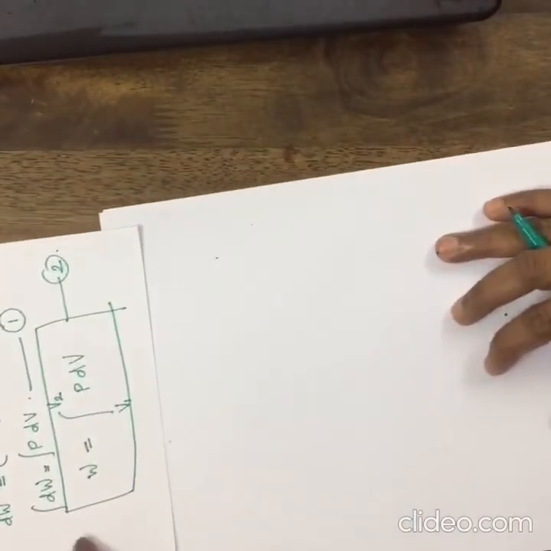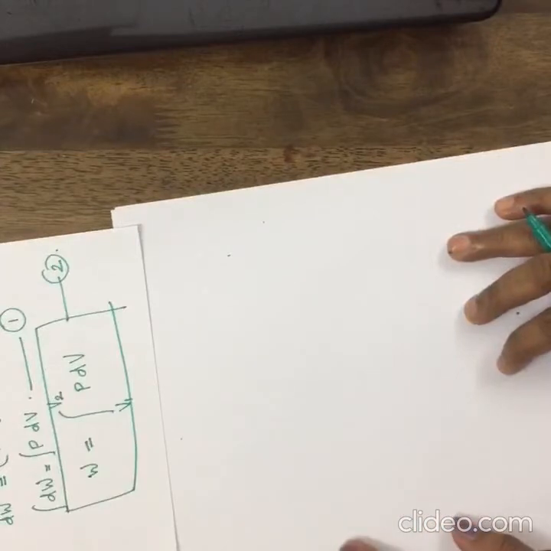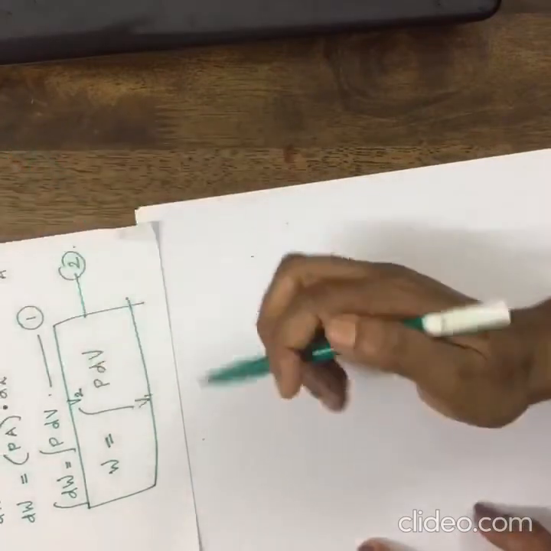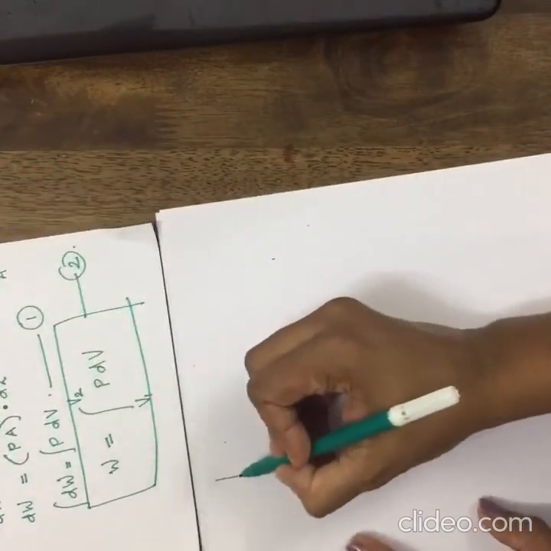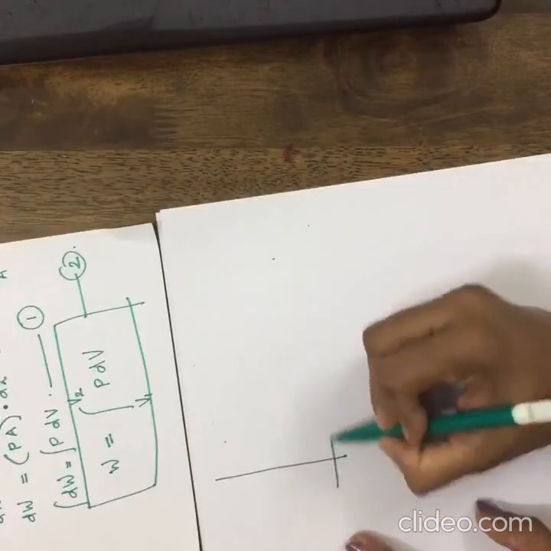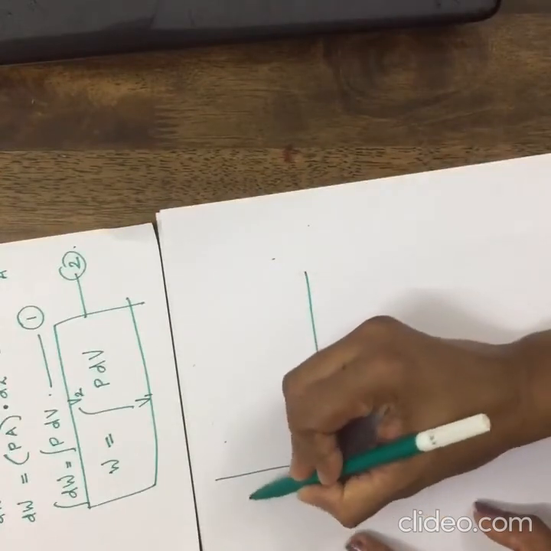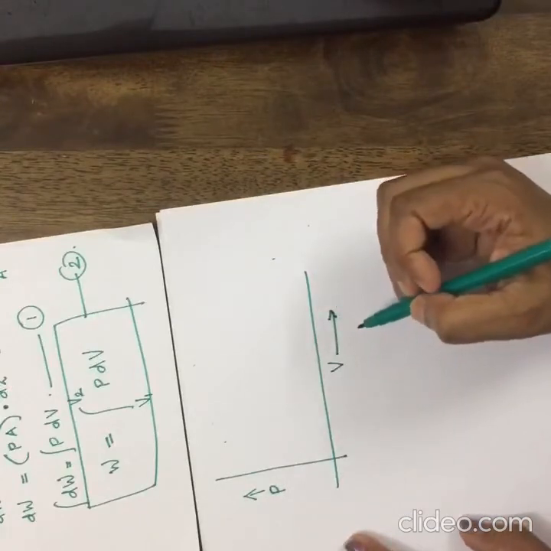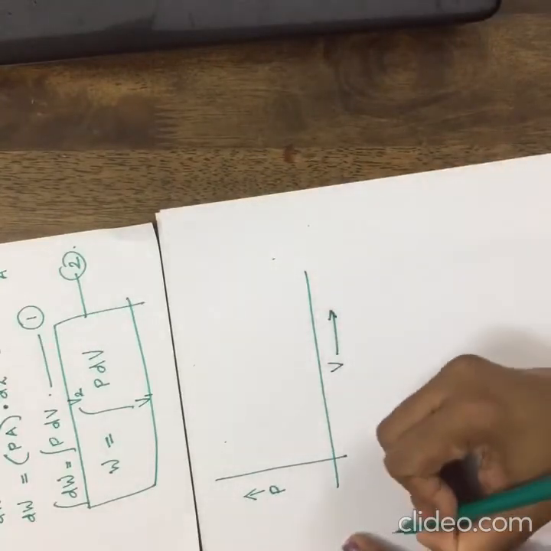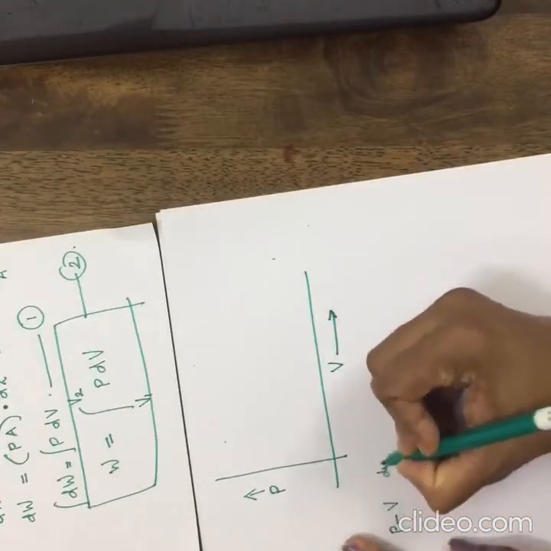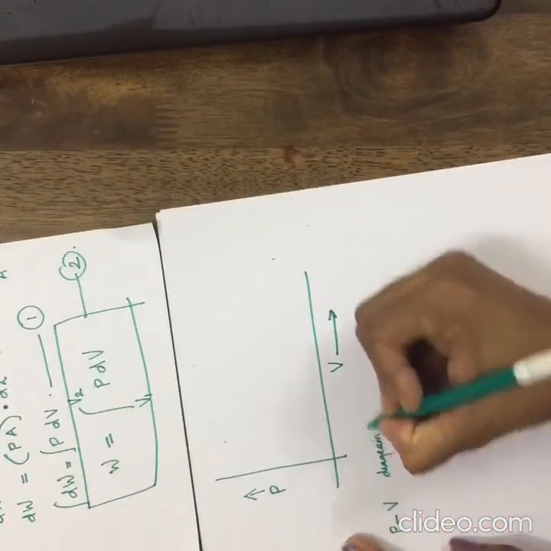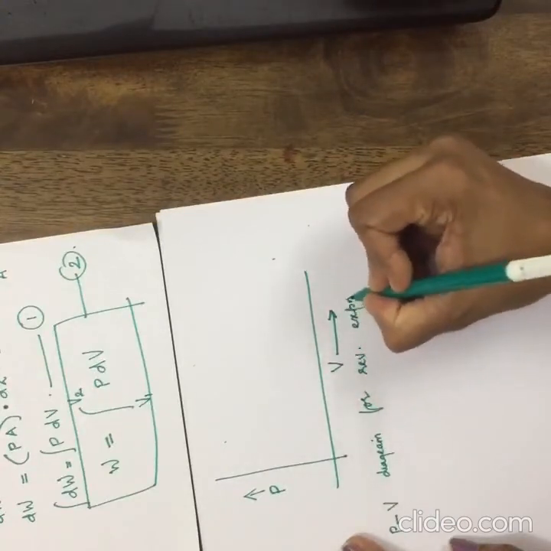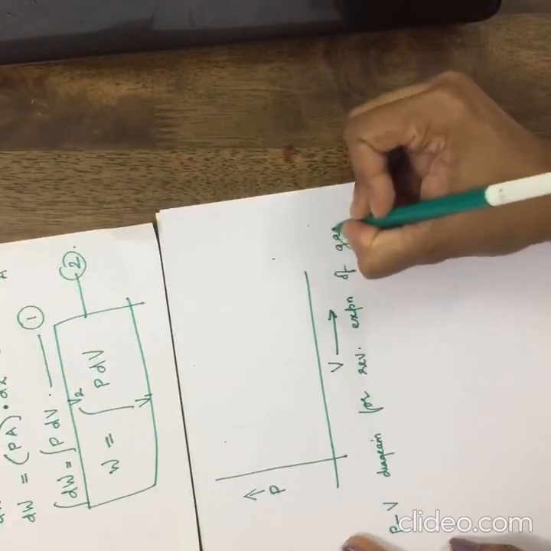So this pressure volume history of the gas undergoing the change of state can be represented on a PV diagram, a pressure volume diagram. PV diagram for reversible expansion of gas.